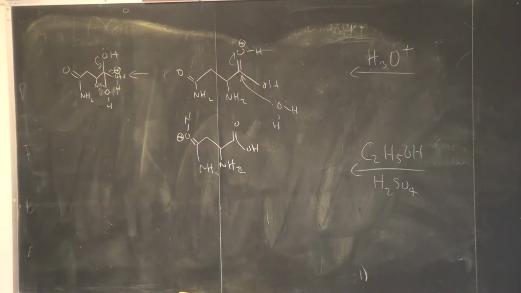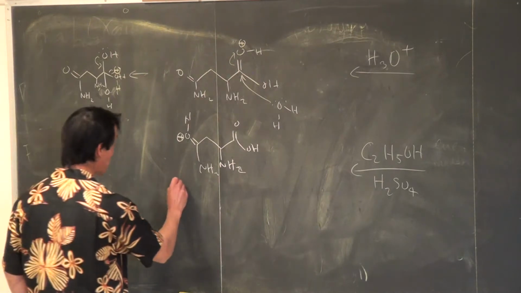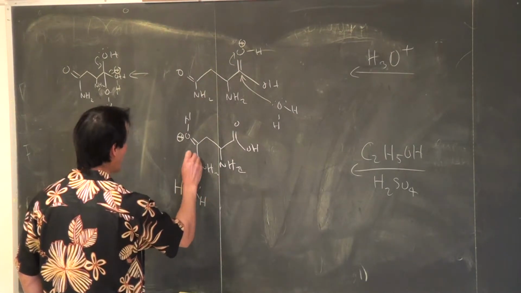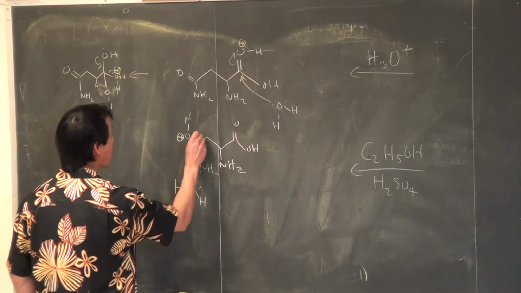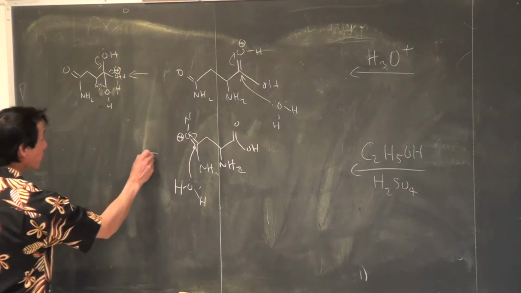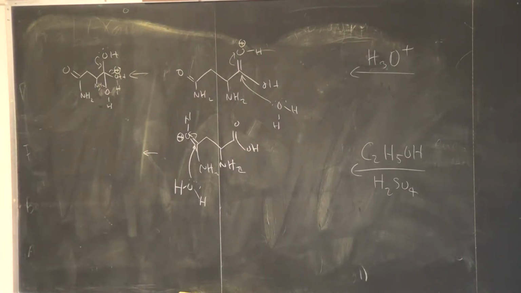And then from there, what happens? Yeah, so now we have the H2O. That reacts there, and then that bond breaks. And then we get our intermediate, I'll let you guys draw the structure.